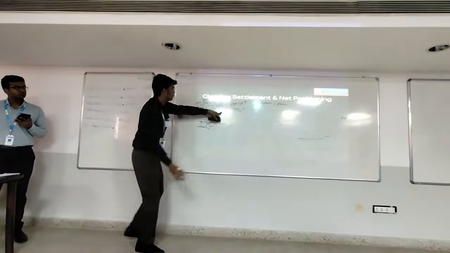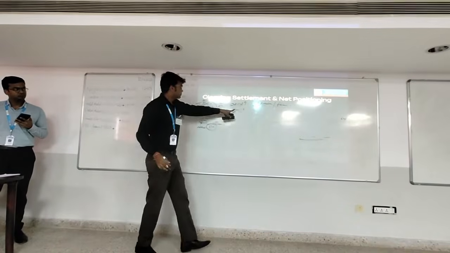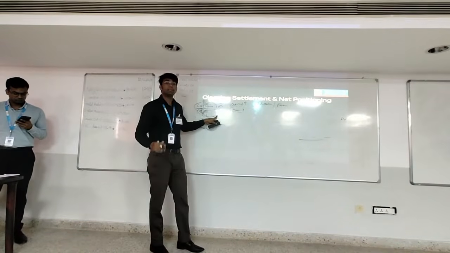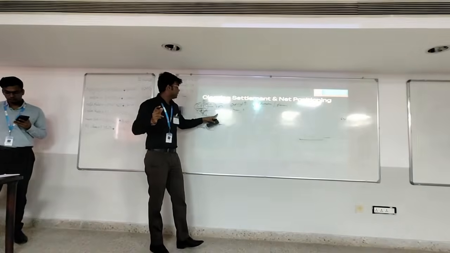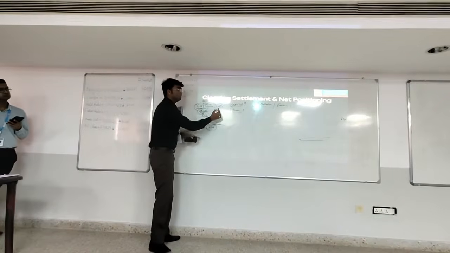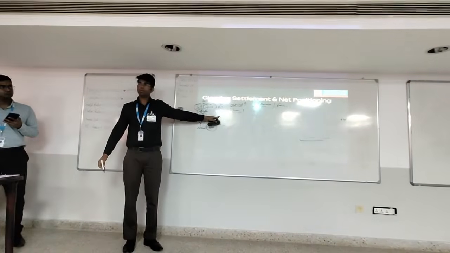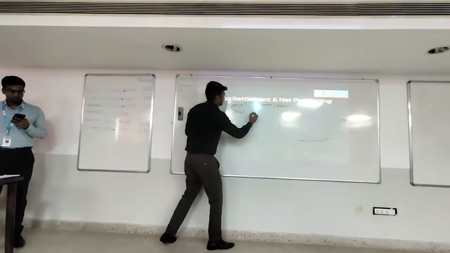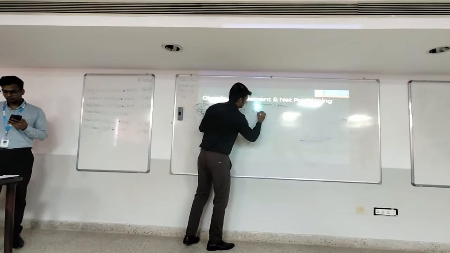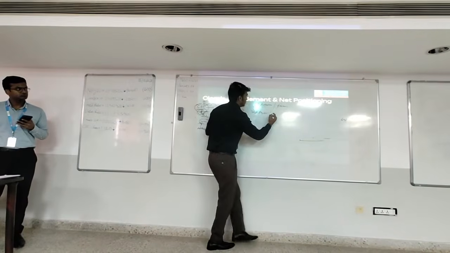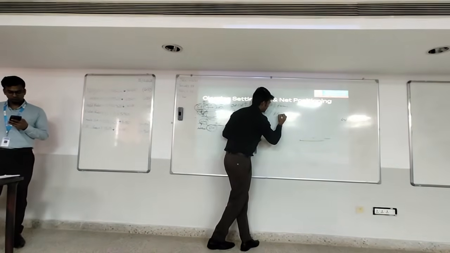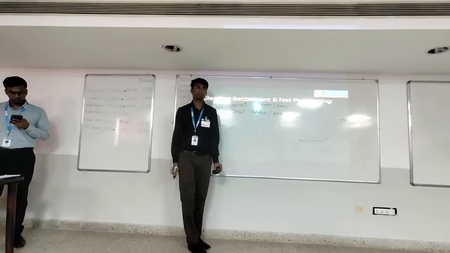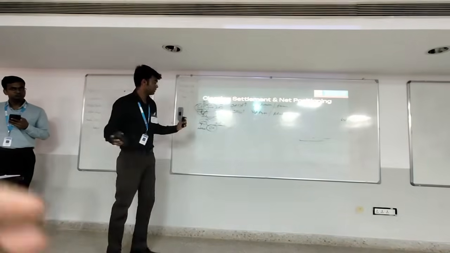Now 2 lakh he gave to SBI. SBI here is the net receiver, and it is favorable clearing for SBI because he is getting 2 lakh more. So when inward clearing is more, the bank will be net payer and it is adverse clearing. I hope you understand.